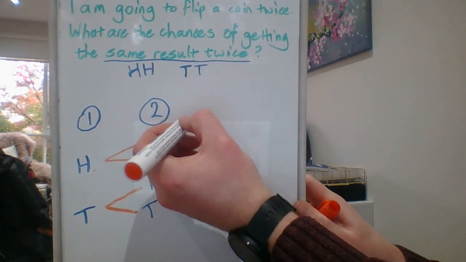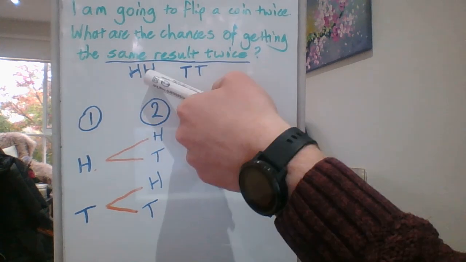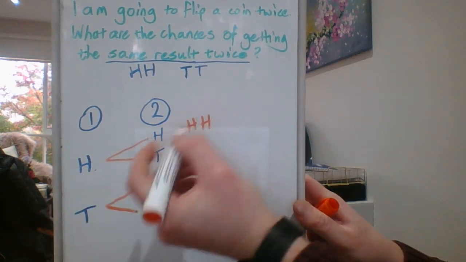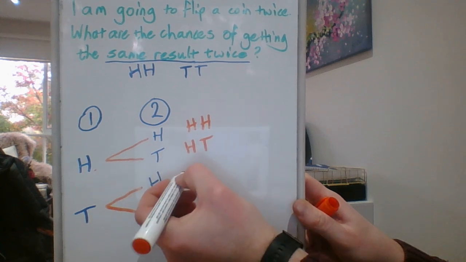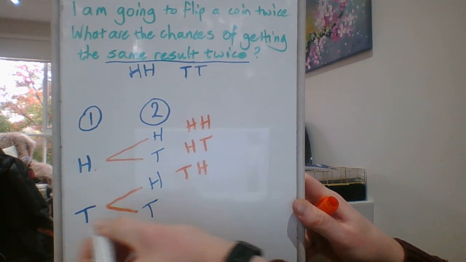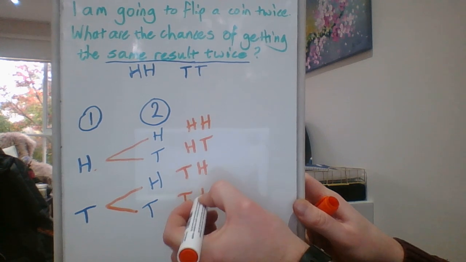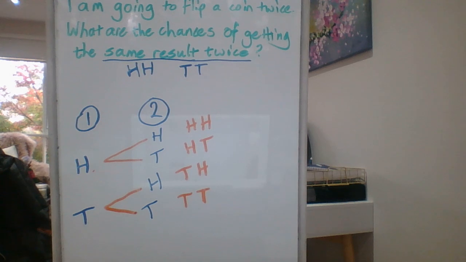This one here says I rolled a head and then another head, which is one of the ones that we wanted. Here we've got heads and then tails. Here we've got tails and then heads. And here we've got tails and tails. So there are actually four possible outcomes.